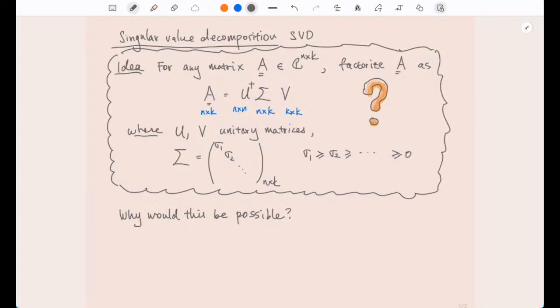Well, the idea that we can do this is because A star A, the complex conjugate adjoint, is Hermitian, which is another word for self-adjoint.